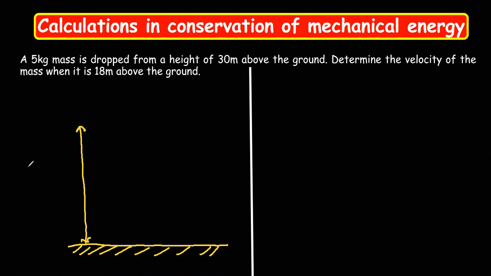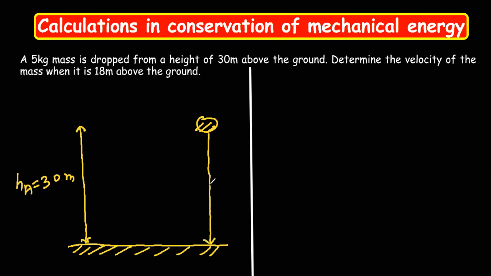So let's call this height A, which is 30 meters. So let's put the object somewhere here. The mass of the object is 5 kilograms, and it was dropped from the height of 30 meters to this.